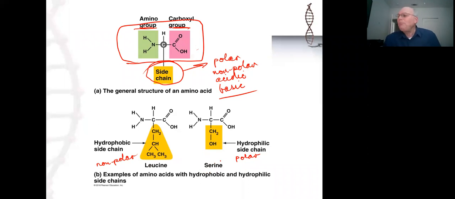Now, amino acids also form enantiomers, because as you look at this diagram, you see that there are 1, 2, 3, 4 different things attached to the central carbon. So it's asymmetric, and remember, by definition, that gives us the mirror image isomers.